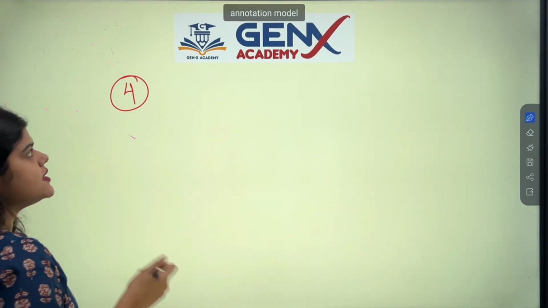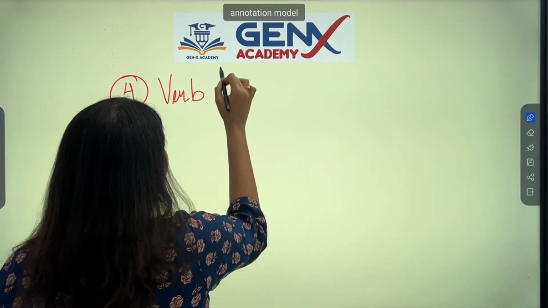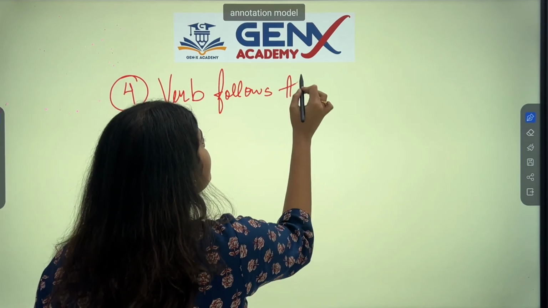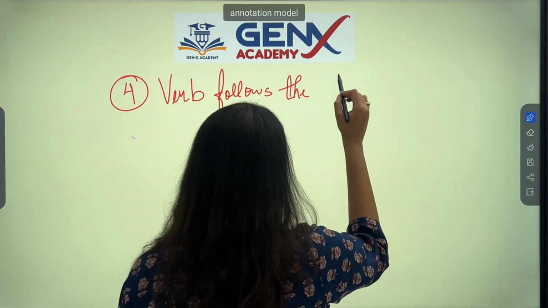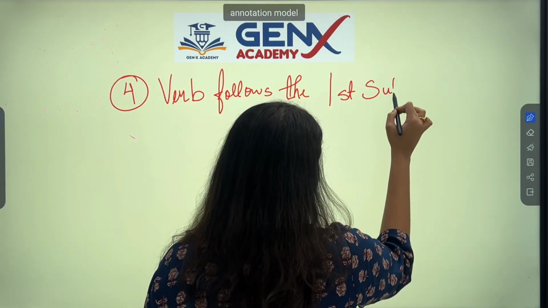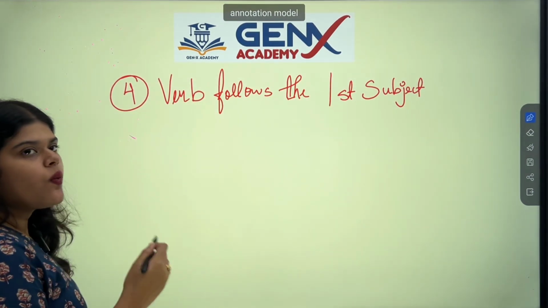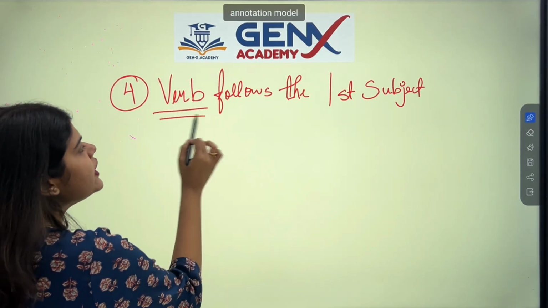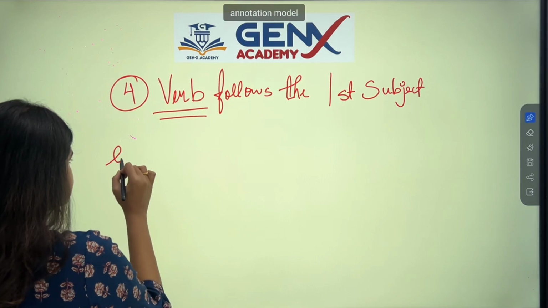In certain cases the verb follows the first subject. Like if there is more than one subject in a particular sentence, the verb will depend upon the first subject. Again, let's see an example.